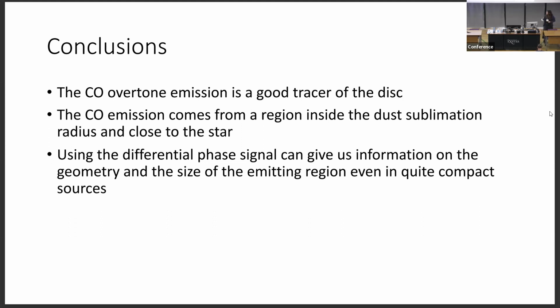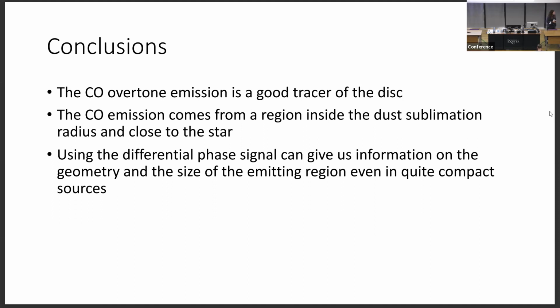So in this case, for example, for the first three bandheads that we did this analysis on, they seem to more or less come from the same region, because I think we don't have enough spectral information to understand that. But there are cases that we see, also in some high mass objects, for example, where you see more of a plateau, and it seems that we need a disk gradient to really fit the results.